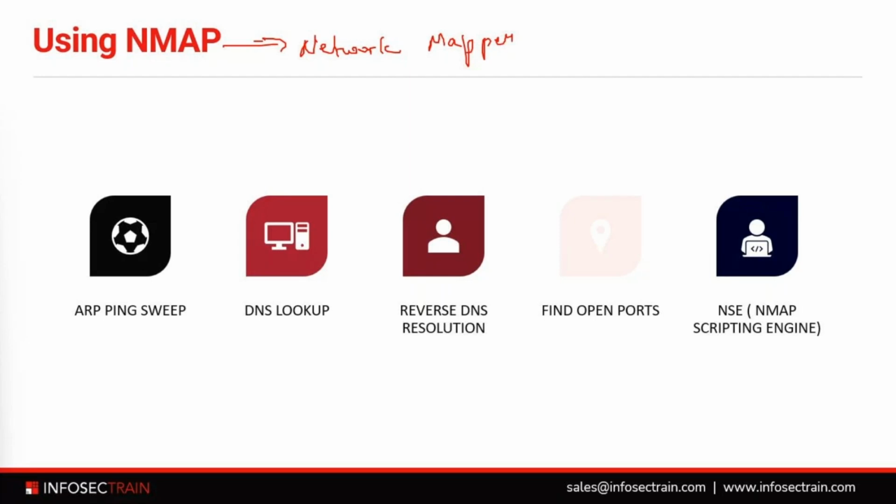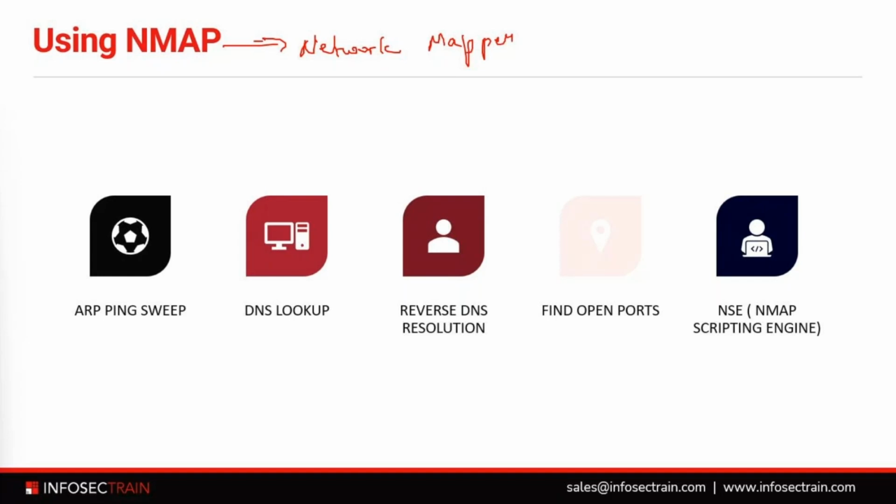Now, it is a very powerful open source tool which is used for network discovery and security auditing. And it is widely used by security professionals, network administrators, and enthusiasts to scan and map the network. So Nmap provides lots of functionalities like host discovery, port scanning, service enumeration, vulnerability detection, right? All those things are there.